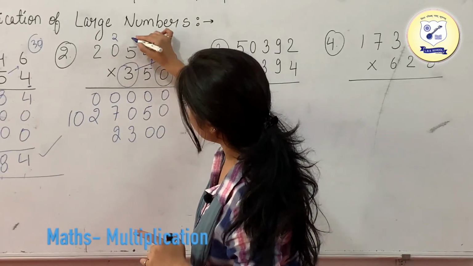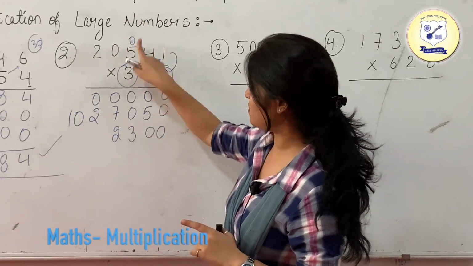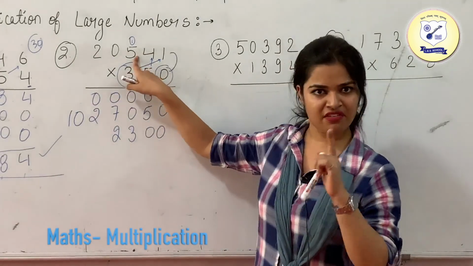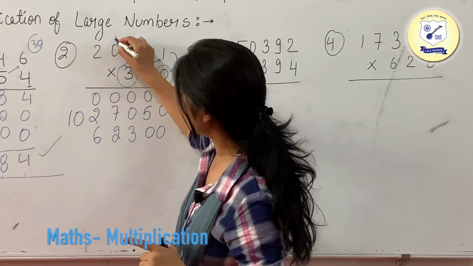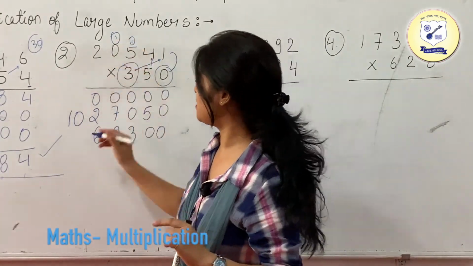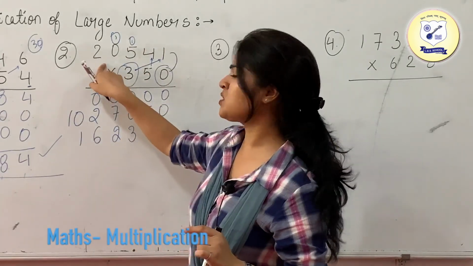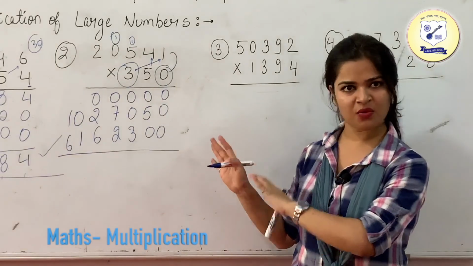So 1 is going to be in your carry. Now 3 4s are 12. This was your carry. 3 5s are 15. 15 plus 1, which was your carry, so it is going to be a 16. 3 zeros are 0. 0 plus 1 is 1. 3 2s are 6. This is it. Okay, so now we are done with the multiplication.